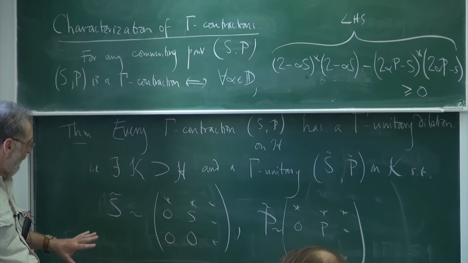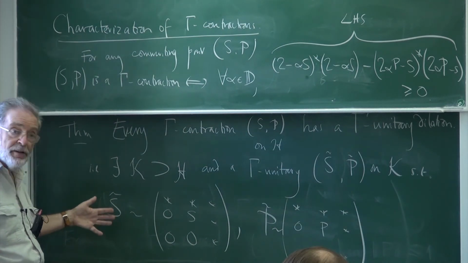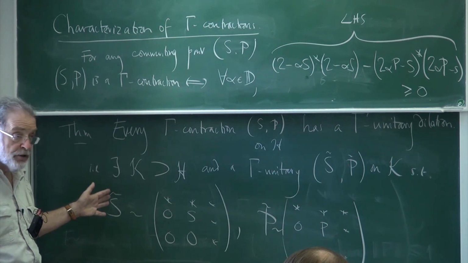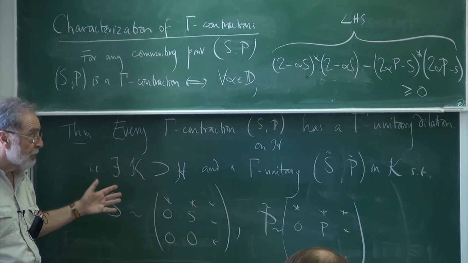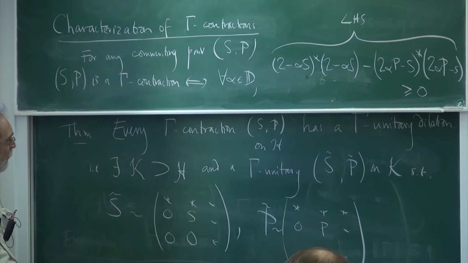But if you just use the commutant lifting theorem, there's no earthly reason to think that (S tilde, P tilde) will be a gamma contraction, much less a gamma unitary. So it doesn't just follow from the existence of contractive intertwining dilations.